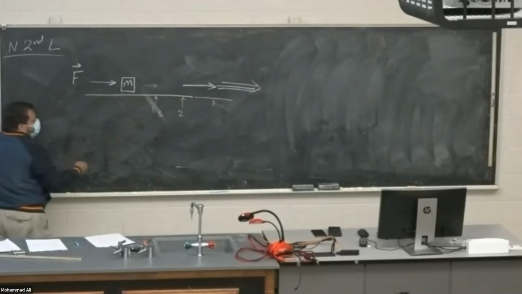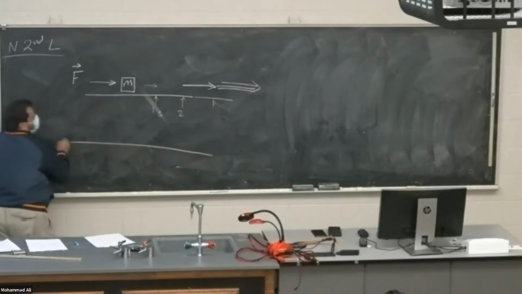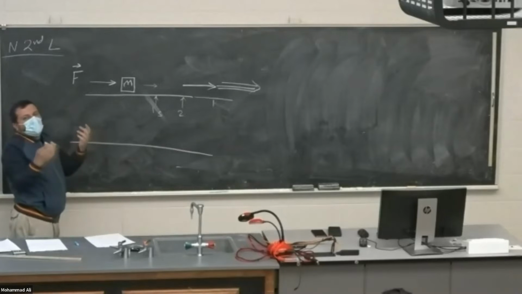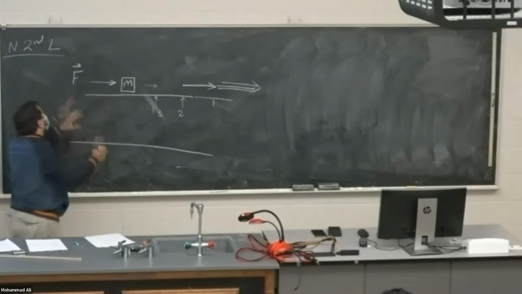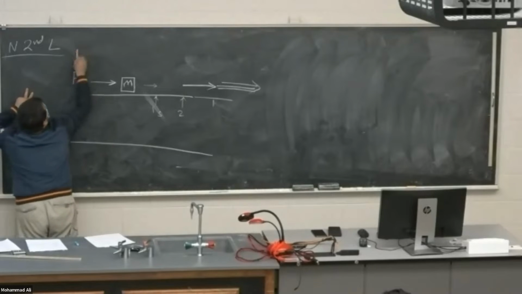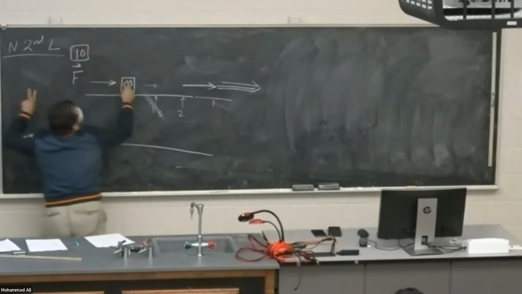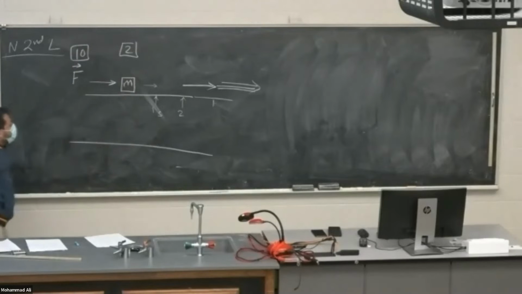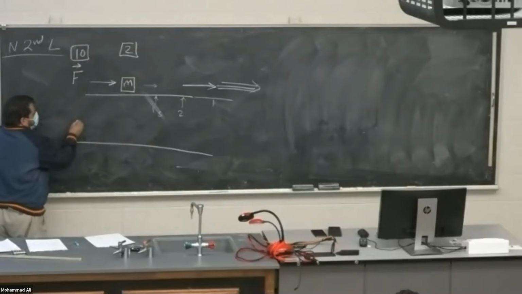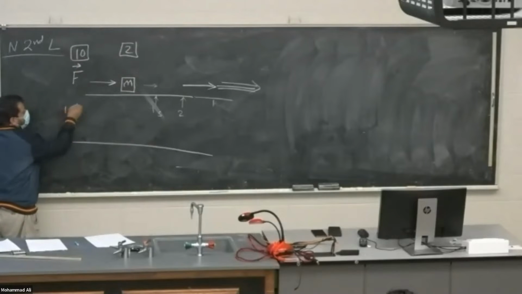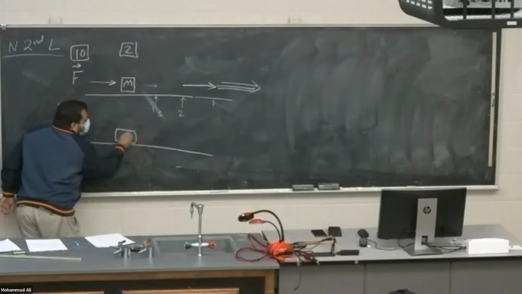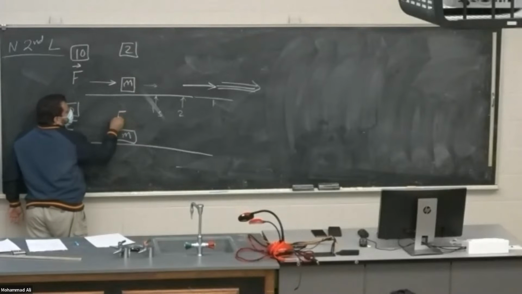What if I need to put some numerical values just to make this experiment more sensible? If my force is 10, if my mass is 2, okay? What if my force now is 10, but the mass is 5?